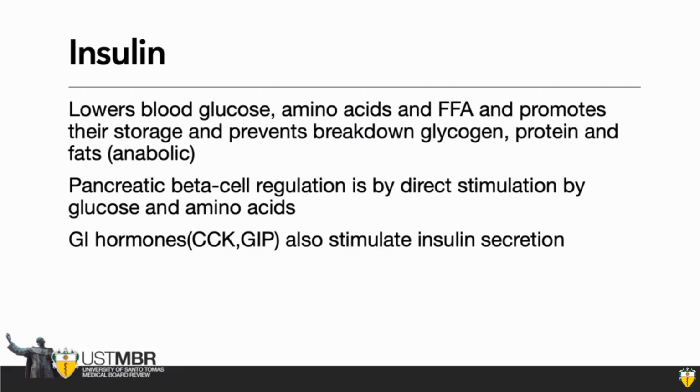However, since sugar is the one that causes most of the harm and it's the one that's really measurable, it's looked upon as a disease of glucose, when in fact all three different metabolisms are affected or may be affected.